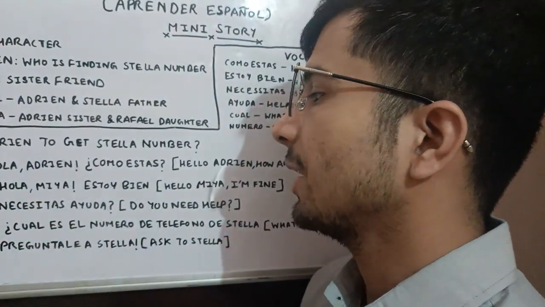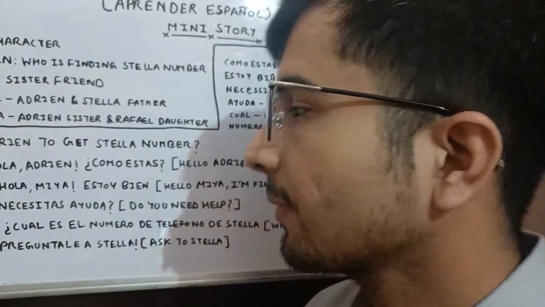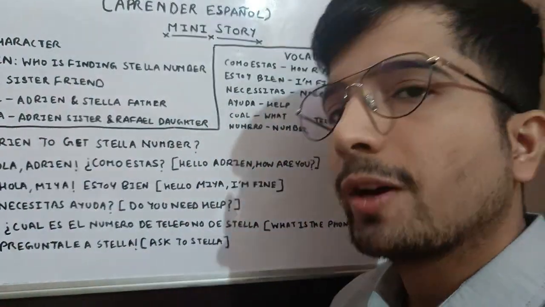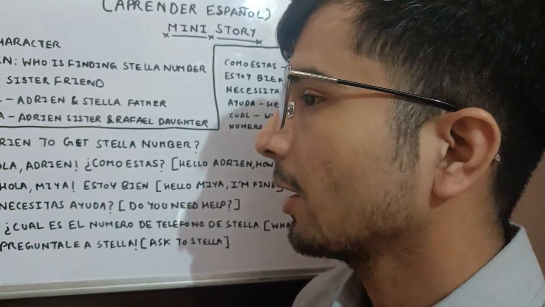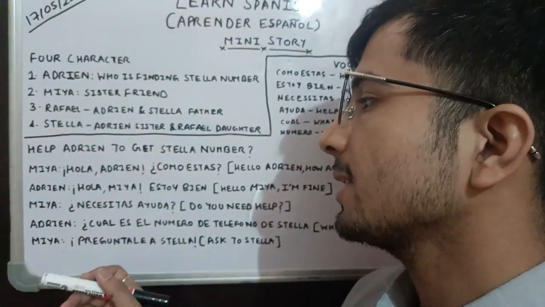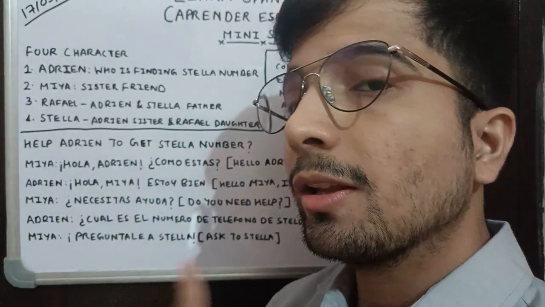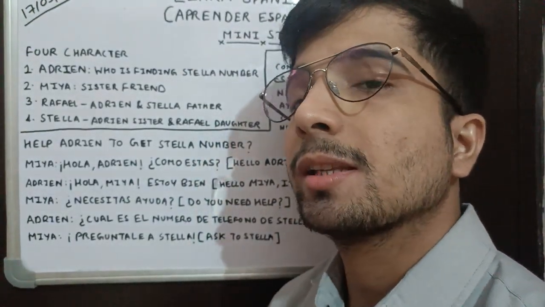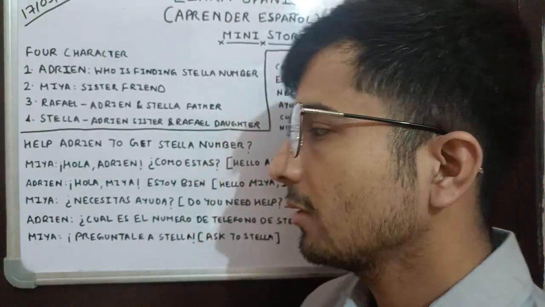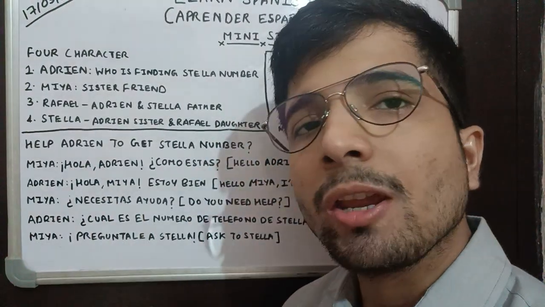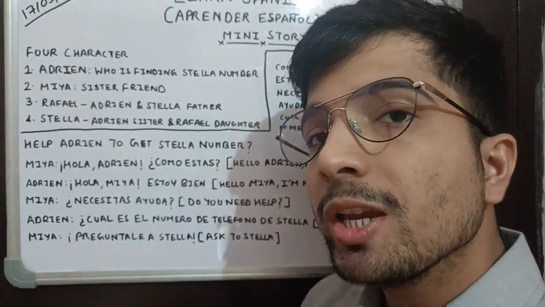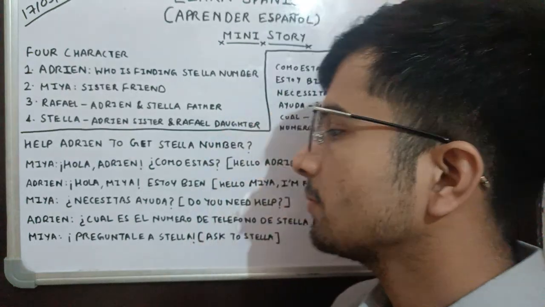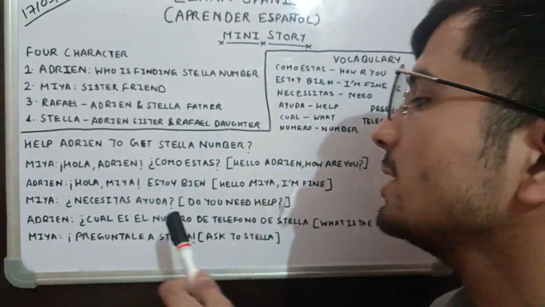Hola Mia, estoy bien. Hello Mia, I am fine. Then what does Mia say? Necesitas ayuda. I already told you what necesitas means, need. So Mia says to Adrian, necesitas ayuda, which means, do you need help?